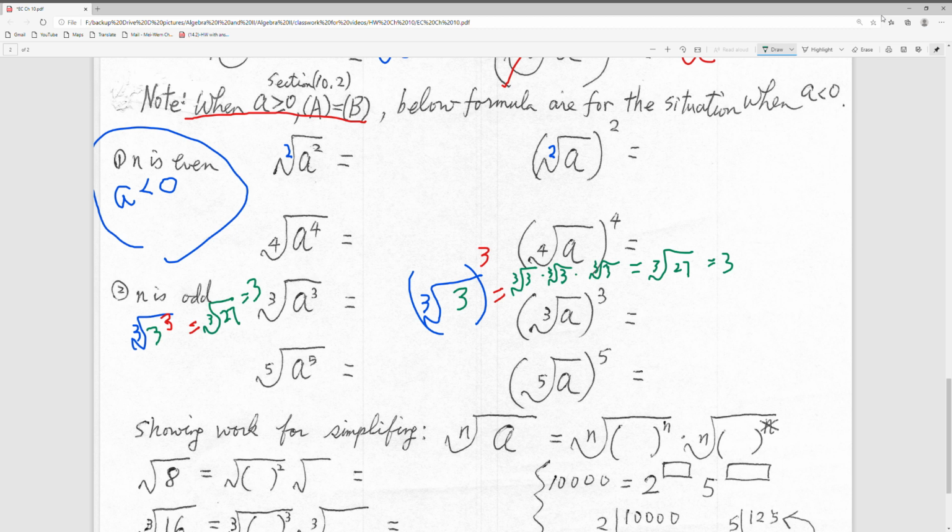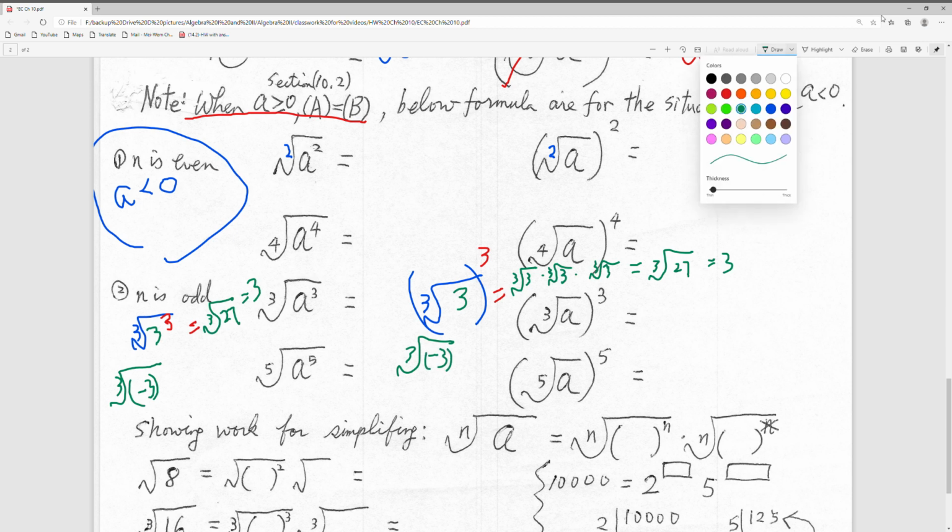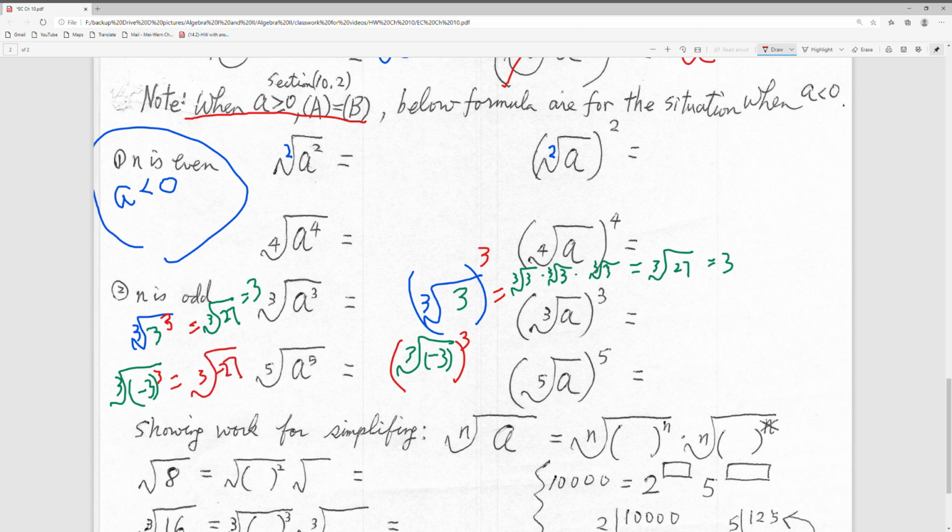Now if I change it to negative, okay. Now if the cube is outside or inside, you can see that because the cube root of a negative number is still negative, and this is by the definition.